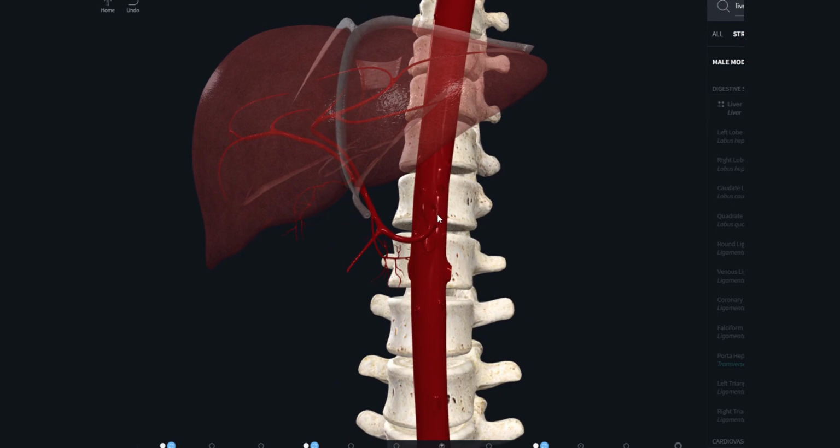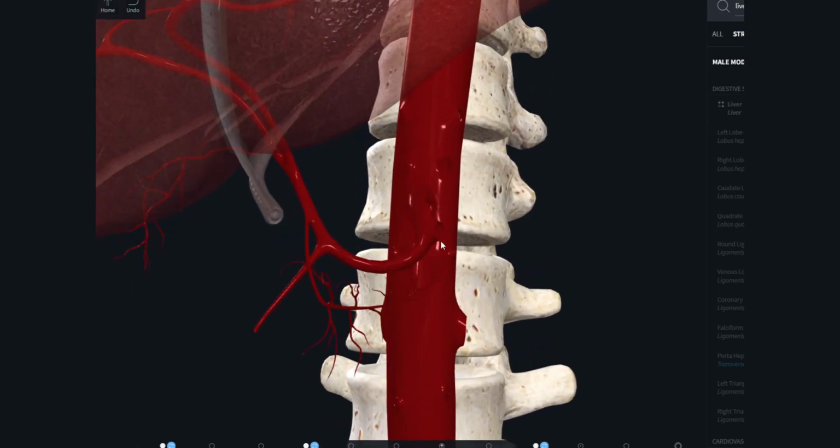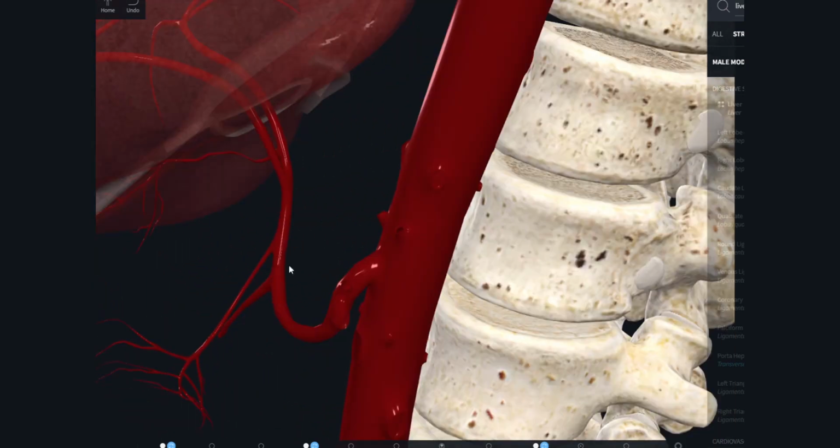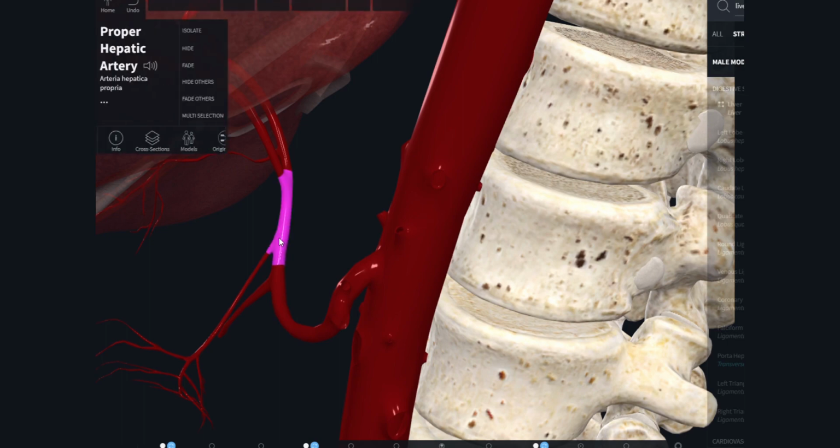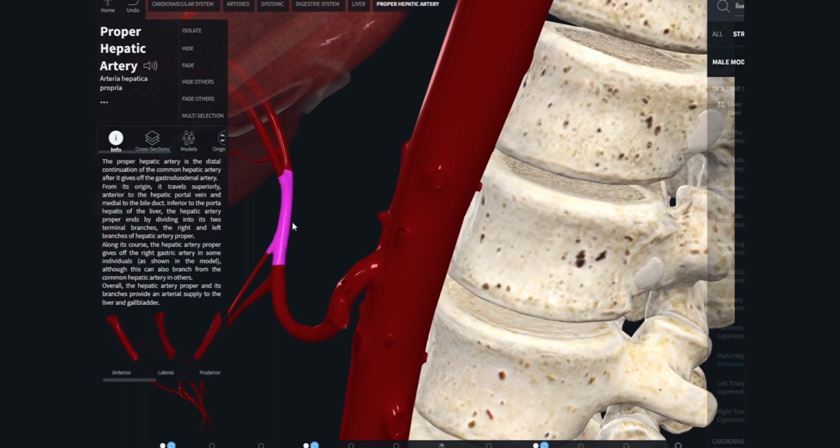From here, the first branch is the short gastric artery, then we have the splenic, and then the hepatic. So the hepatic artery gives off the gastroduodenal, then we have the right gastric artery coming off from here, and then the hepatic artery that comes off of the celiac trunk continues as the proper hepatic artery.